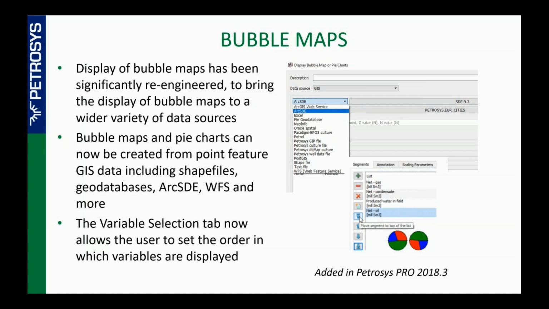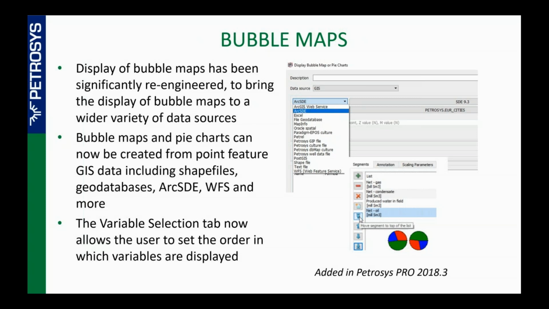For example, we can have RDBMS or Web Feature Services as the input to build our bubble maps. Also the variable selection has been improved, so now you can set the order in which the variables are displayed, to make your bubble maps look better.